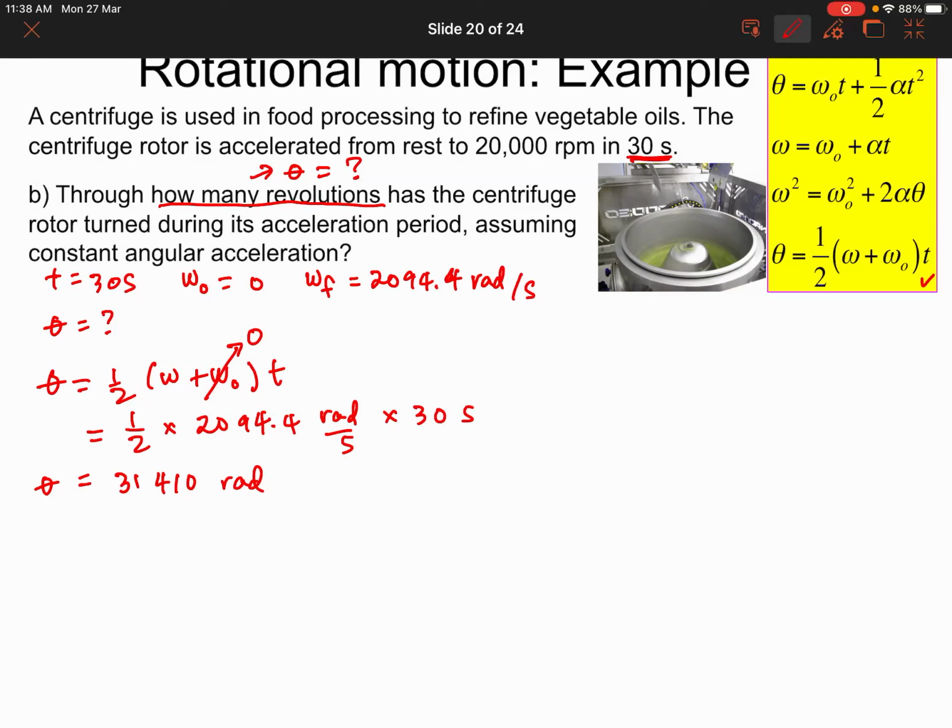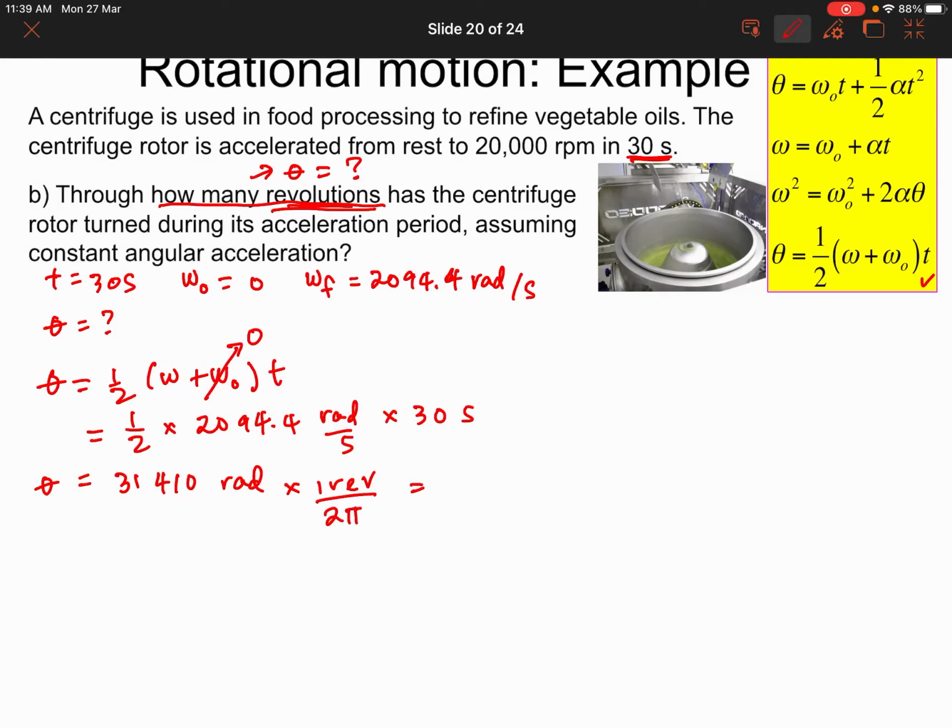Okay. What's being asked is revolutions. So how many revolutions, you'll still need to convert this to revolutions. 1 revolution is 2 pi radians.